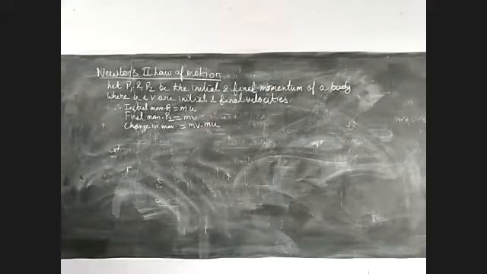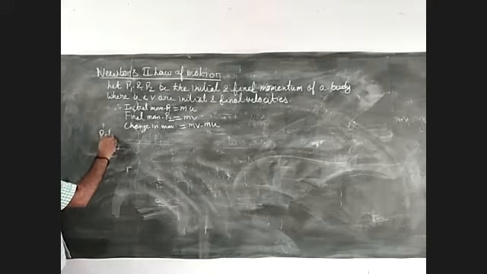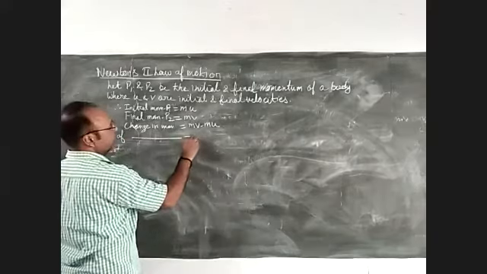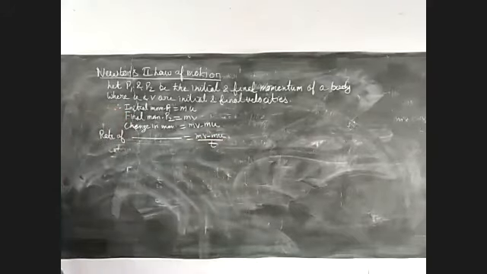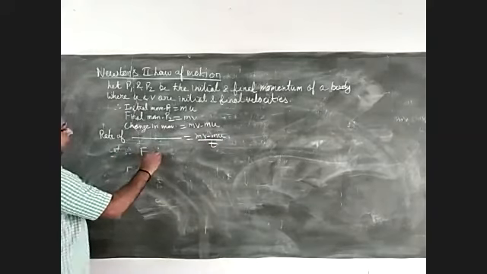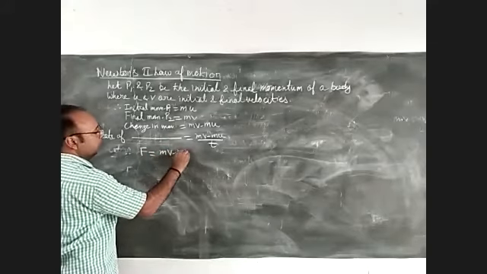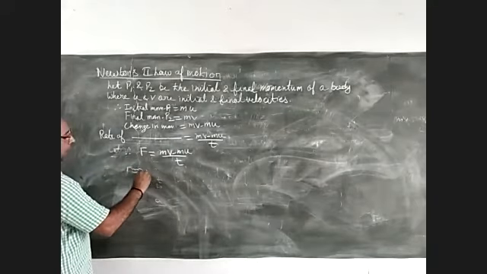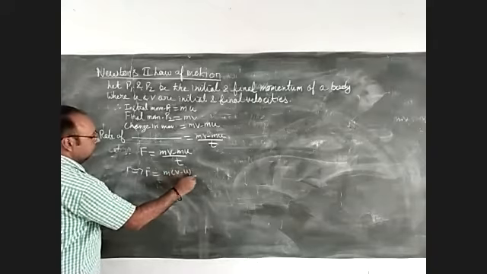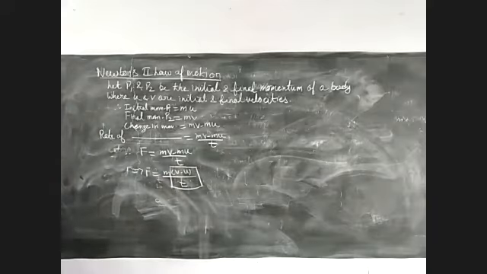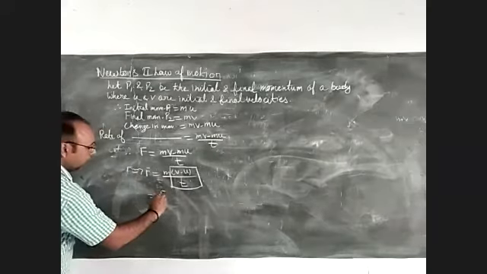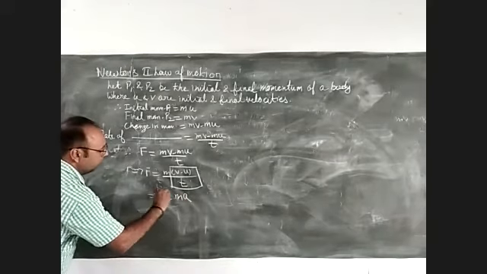Now, if we want to write the rate of change of momentum, that is the change in momentum divided by time, mv minus mu by t. This is the meaning of rate of change of momentum. Now, according to Newton's second law, F can be written as mv minus mu over t. If I take m common, m times v minus u over t. Now, this quantity is acceleration, which we have already done in the motion chapter. So F is equal to ma.